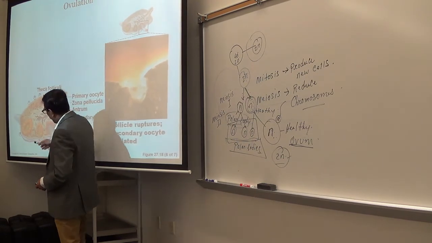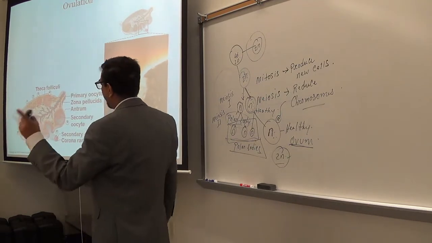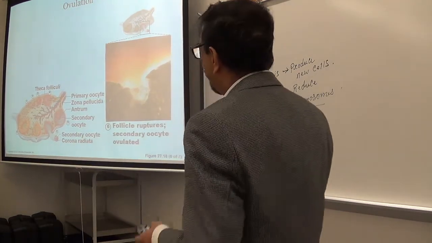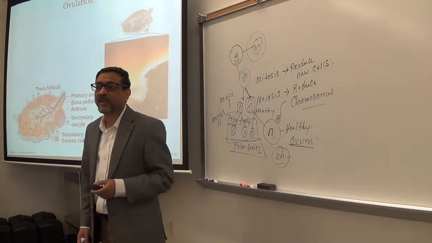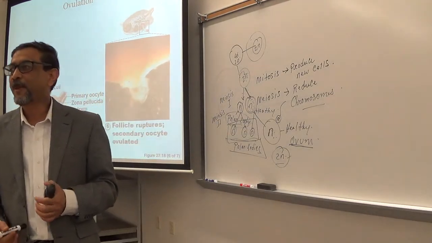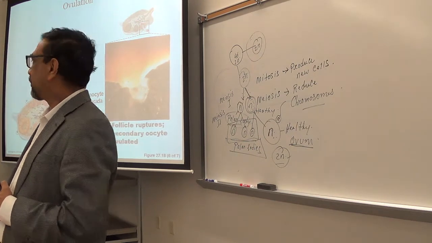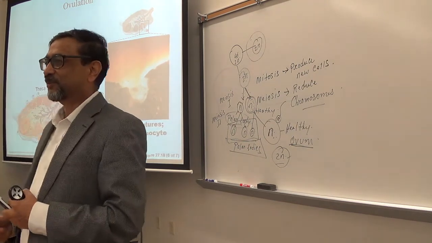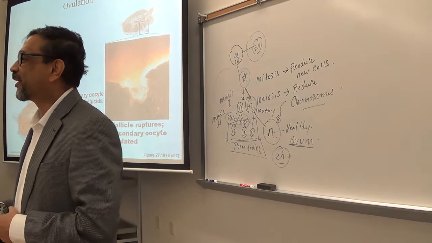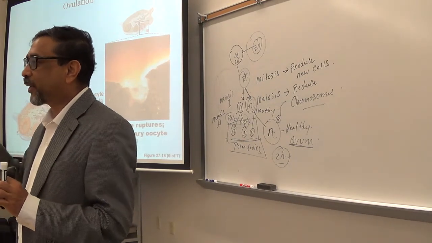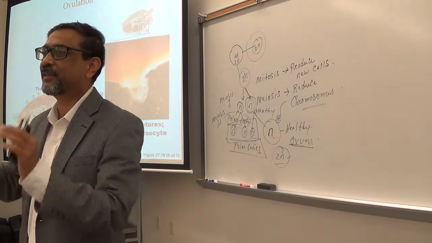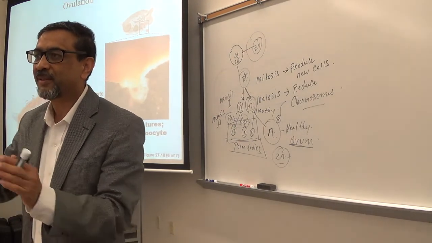It stays for 14 days if no fertilization occurs. If fertilization occurs, how long will the corpus luteum stay? Anybody? 3 months. So 14 days if fertilization does not occur, but if fertilization occurs, it stays for 3 months.